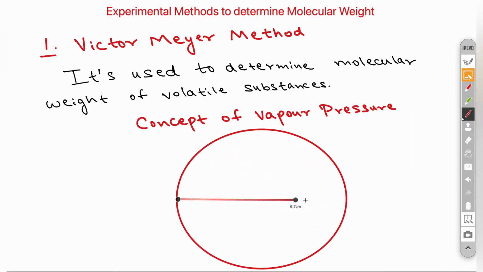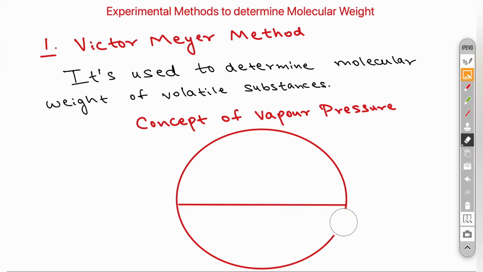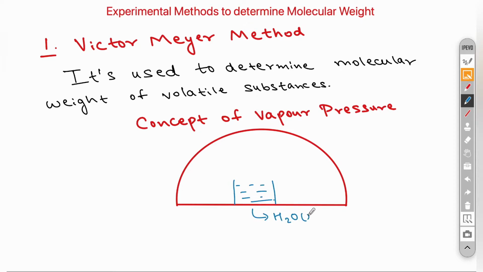So we'll draw a container here, semicircular. And here we will fill some water, H2O liquid, and inside the container water vapors will be collected like this.